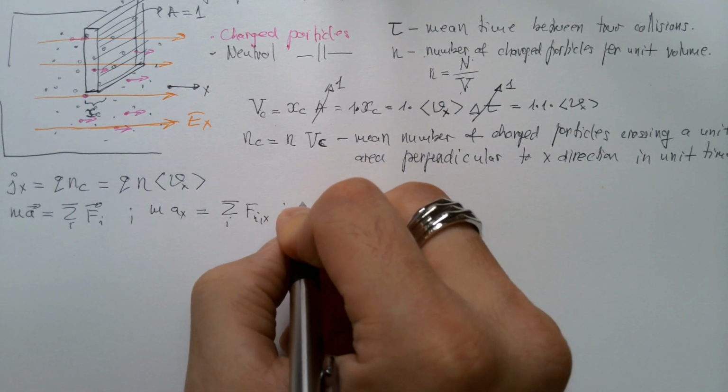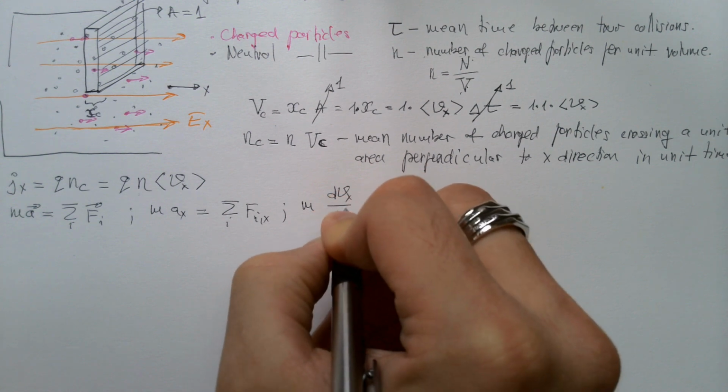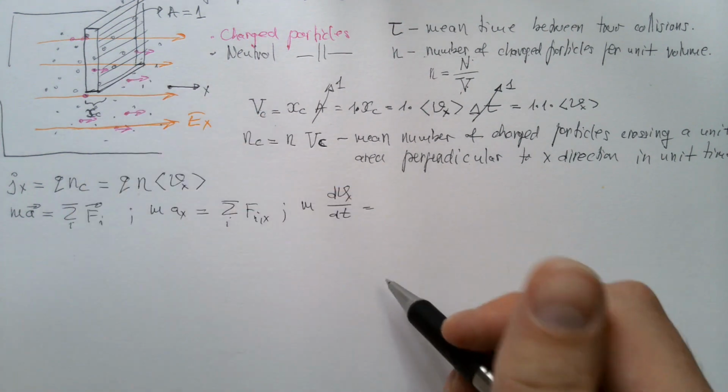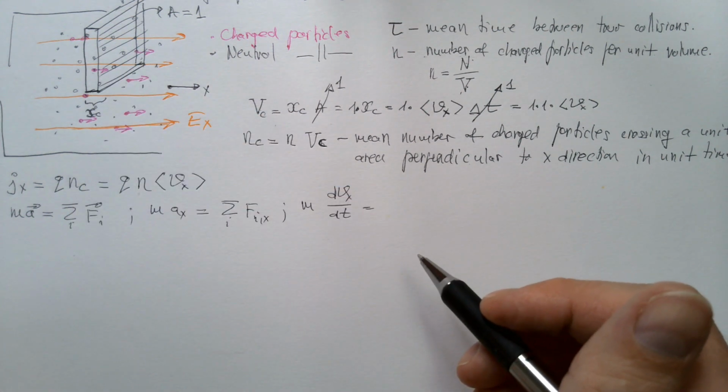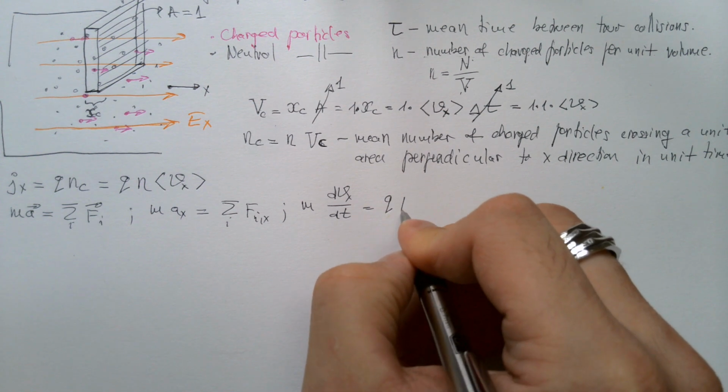Or I can write that mass times dVx/dt is equal to, I will assume that the only force is this electric force, electrostatic force, and that force is equal to qEx.